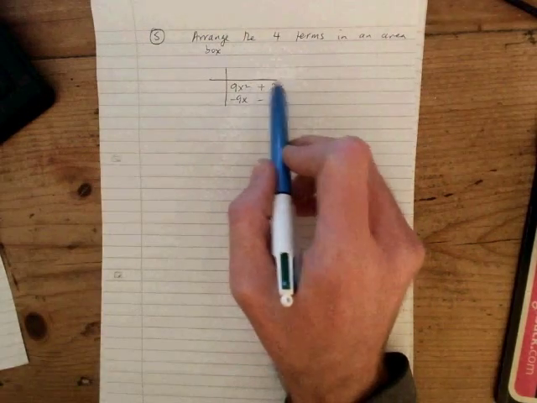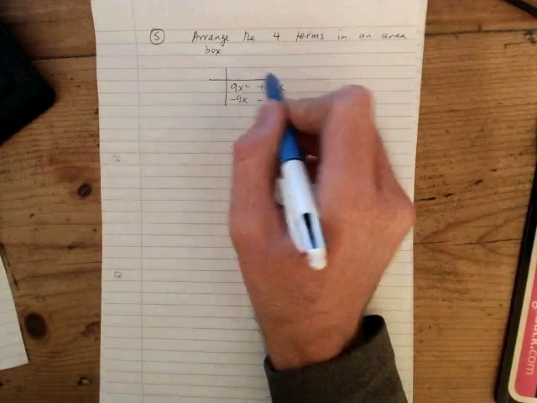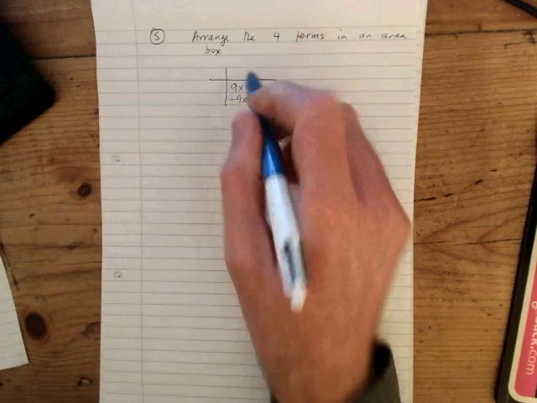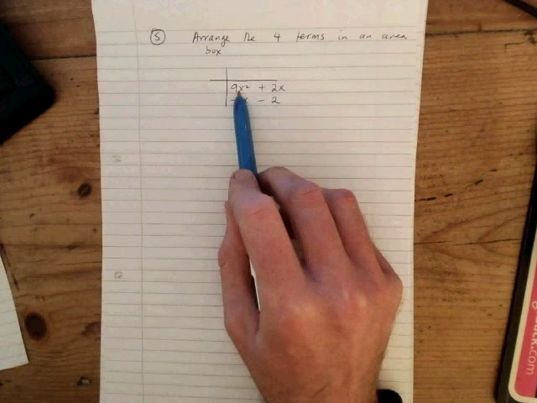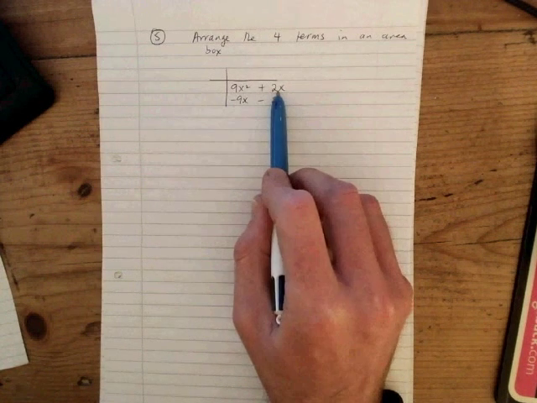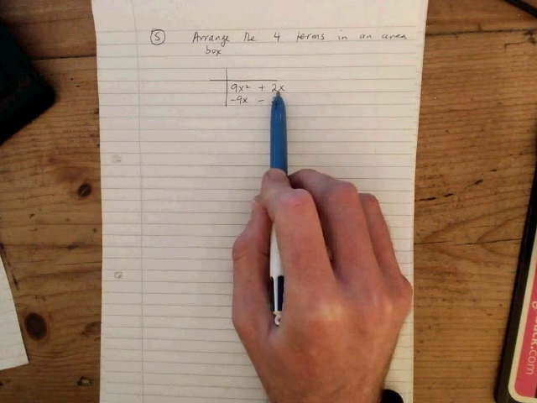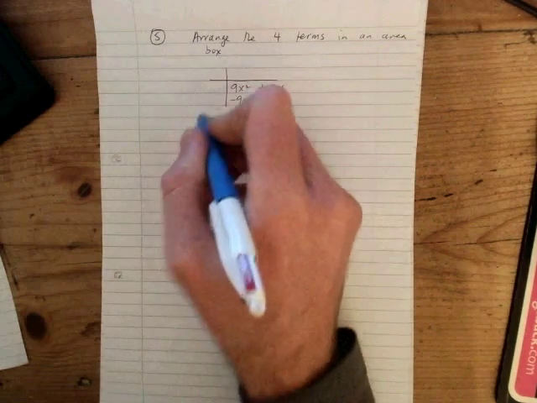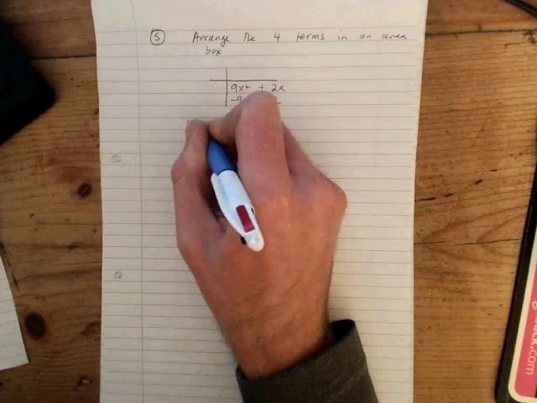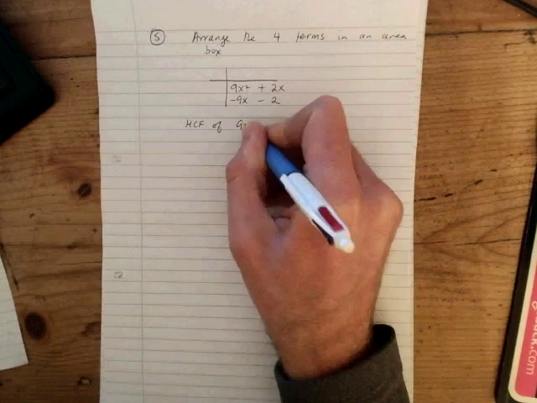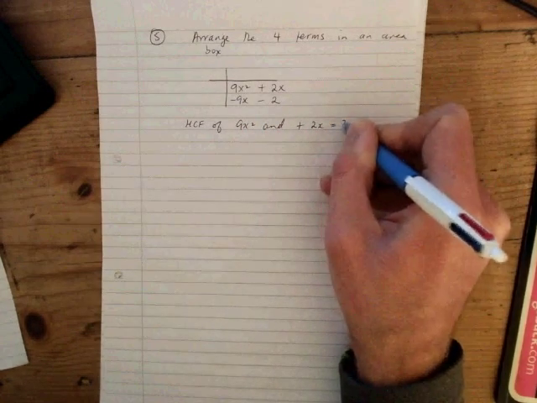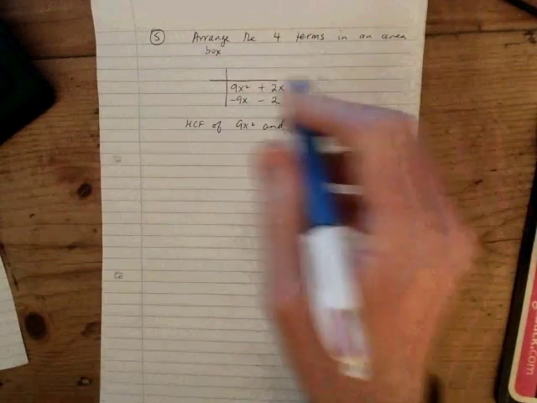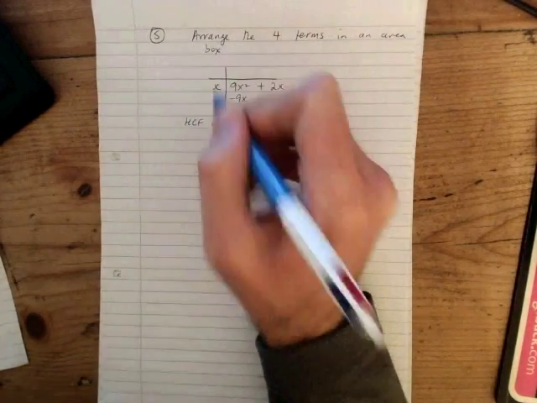So basically we are going to try and find factors of 9x squared. For each line, what are the common factors of 9x squared and plus 2x? The highest common factor of 9x squared and plus 2x is x.